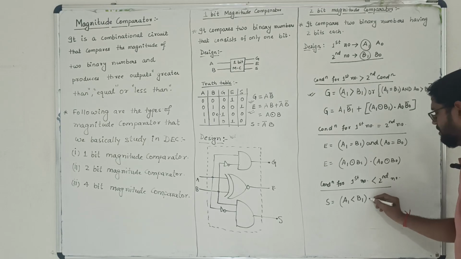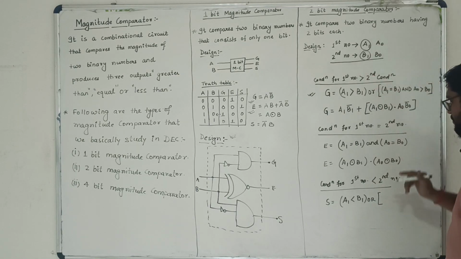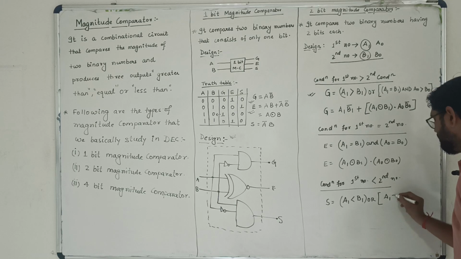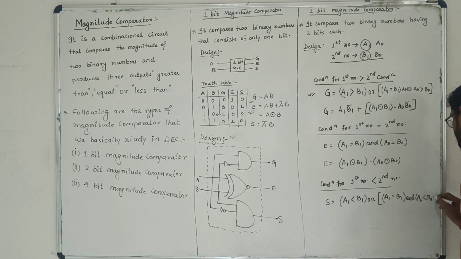Or what is the condition? Both should be equal, that is a1 equal to b1, and simultaneously a0 must be less than b0.